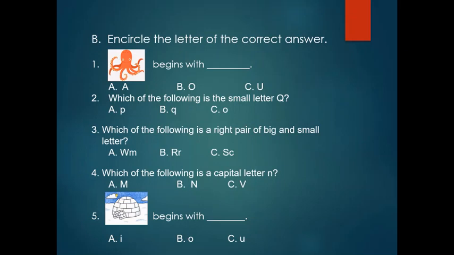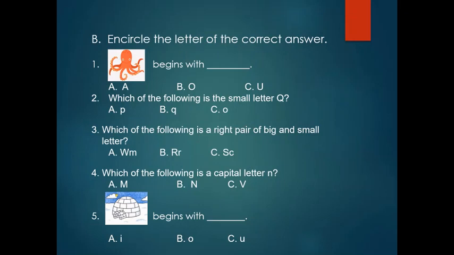Number 3. Which of the following is a right pair of big and small letter? The pair in letter A, the pair in letter B, or the pair in letter C? Number 4. Which of the following is a capital letter N?